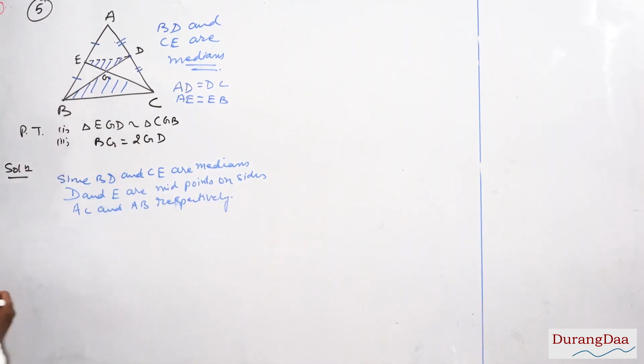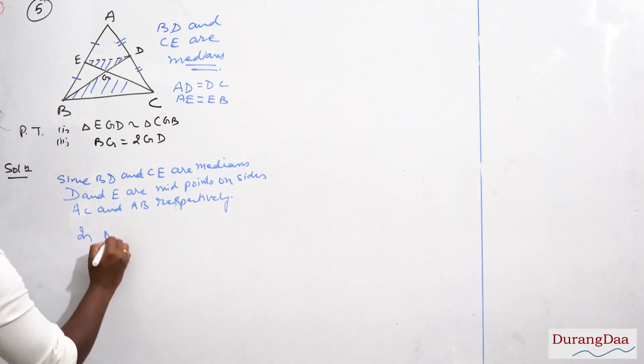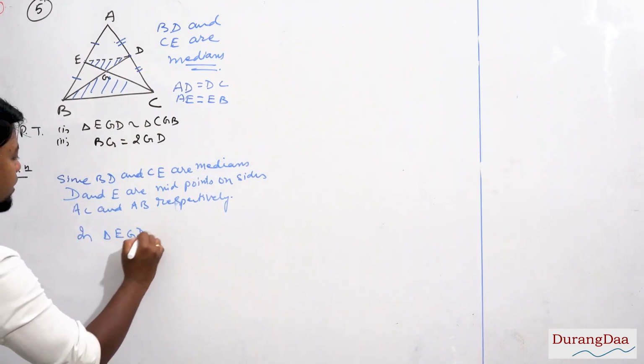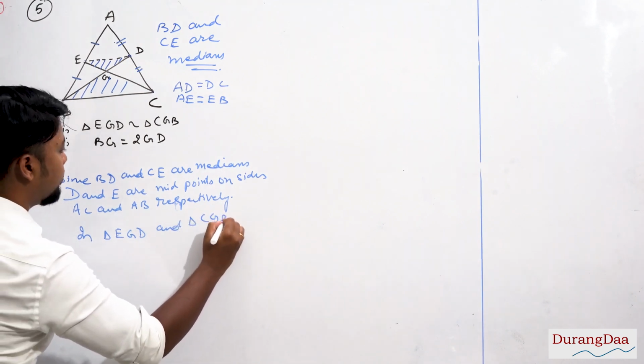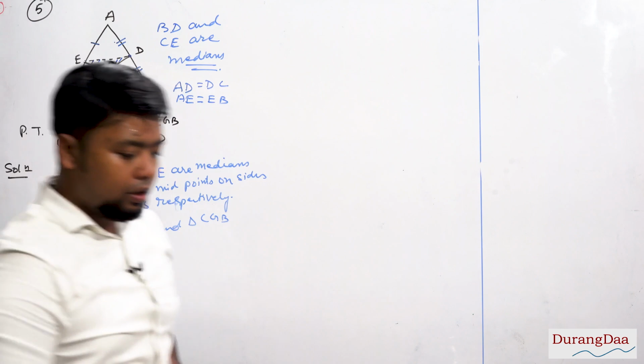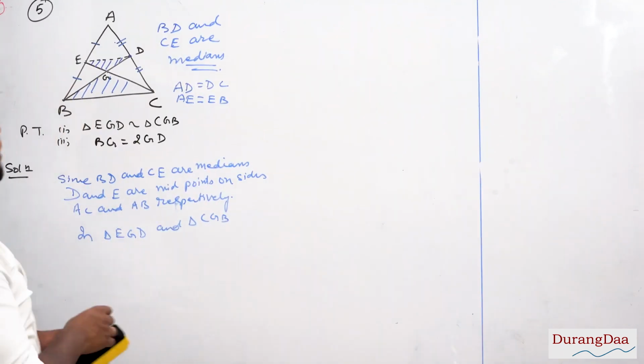All right. So in triangle EGD and triangle CGB, if you look carefully, you won't find any equal angles.